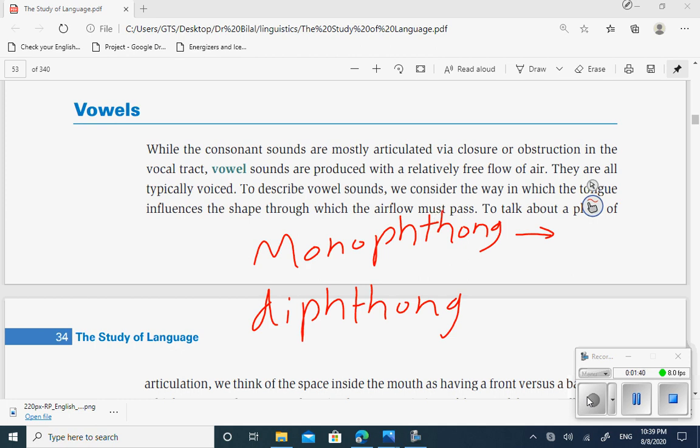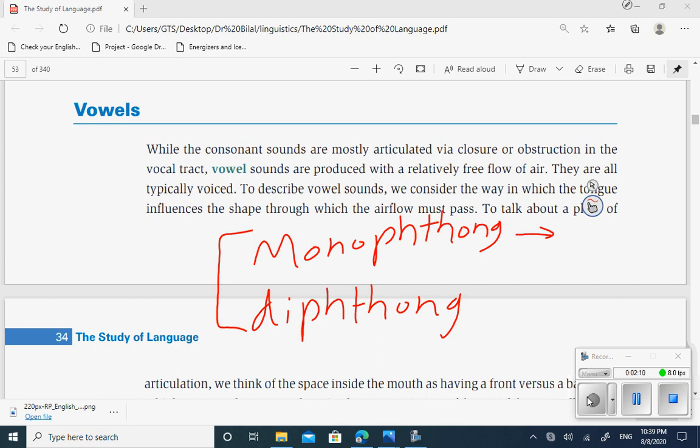In diphthongs, your tongue changes its position from one position into another, like the vowel I, for example, or oi, etc. If you say them, you feel that your tongue is moving from one position to another. So these are two different types of vowels in English and in many different languages, even in Arabic, for example.